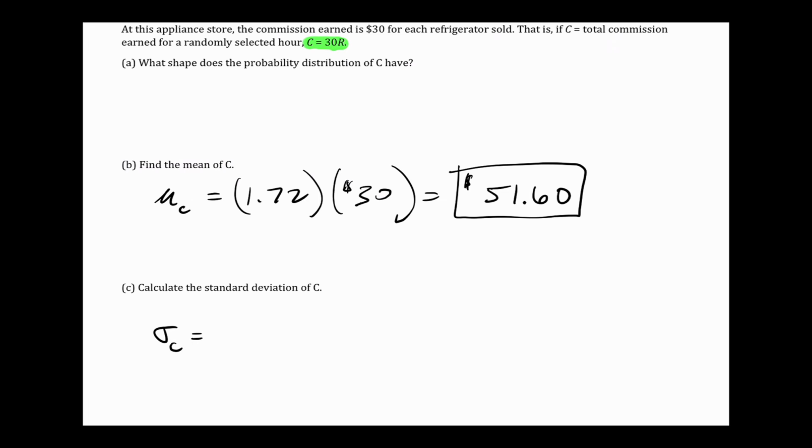So what would I do to find the standard deviation of C? Again, they're all being multiplied. So is the spread increasing? If the spread's the same, it's going to stay the same. But if the spread's increasing, is the spread going to increase if I multiply everyone by $30?